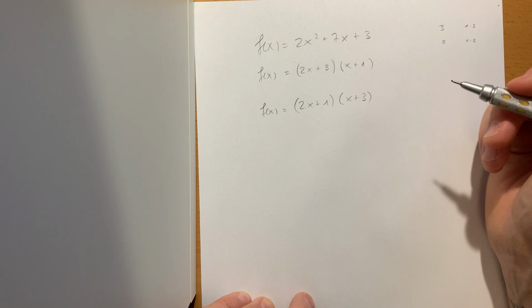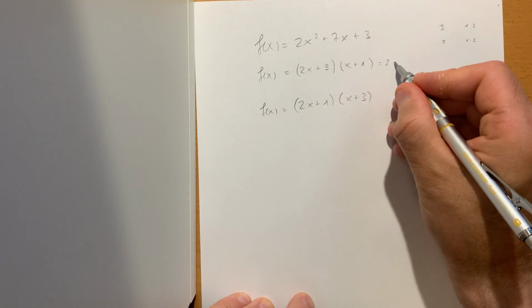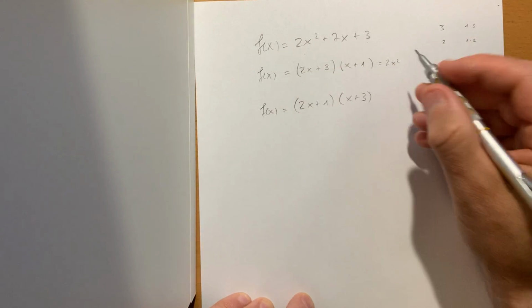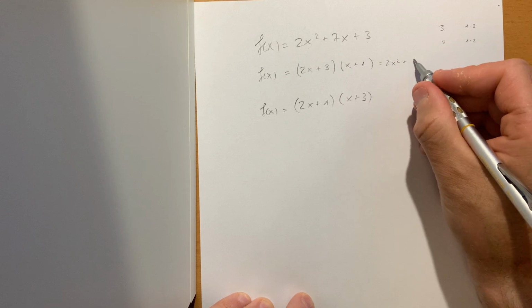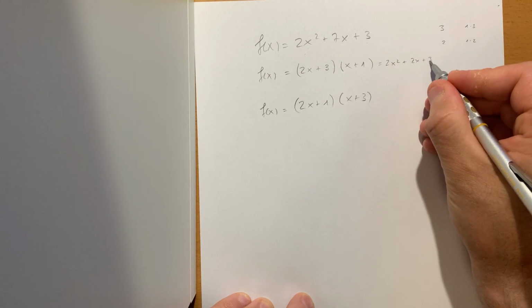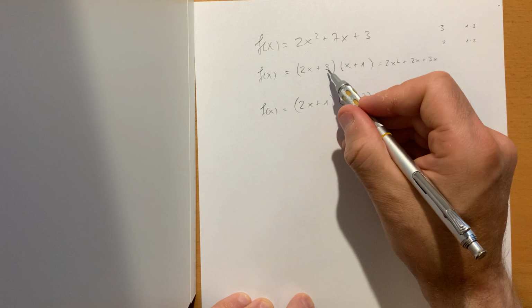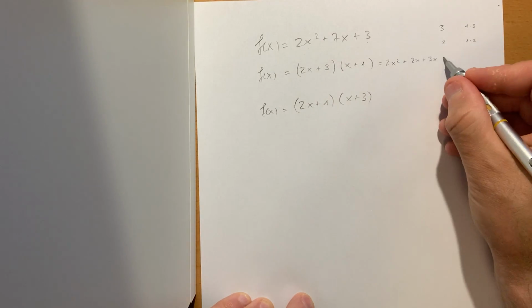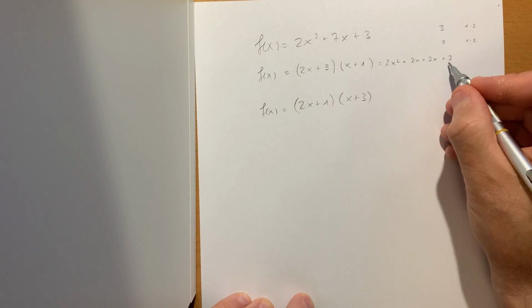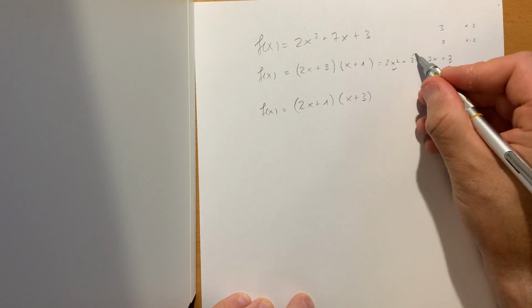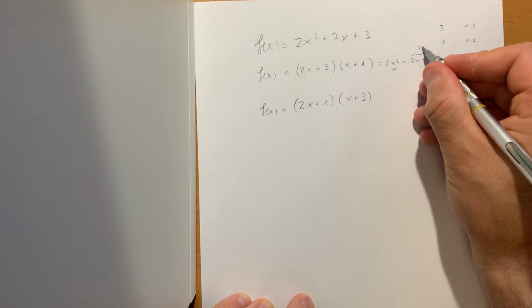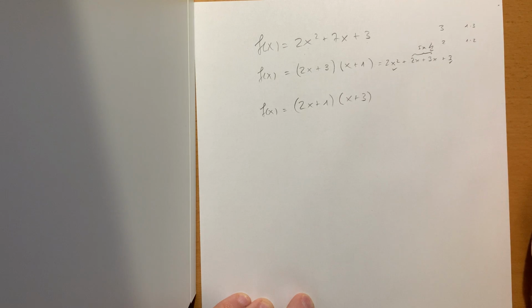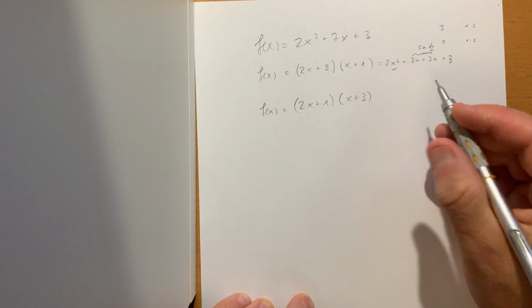Now let's check which one is right. This one is 2x squared, that's okay, plus 2x plus 3x, 3x plus 3. So it works here, and these two together are 5x. So that doesn't work. It's not what we want.